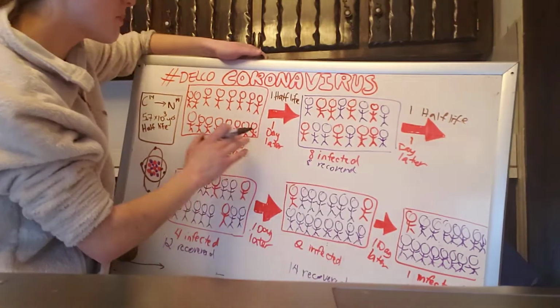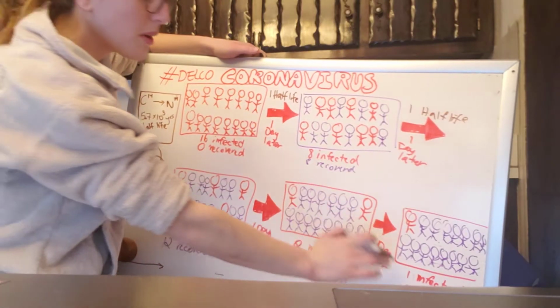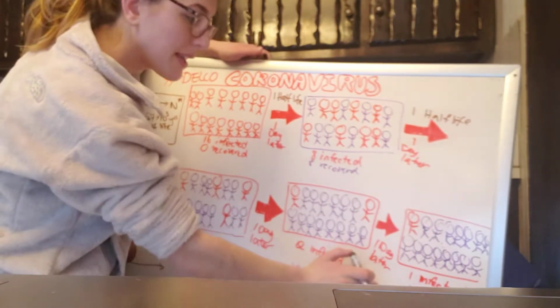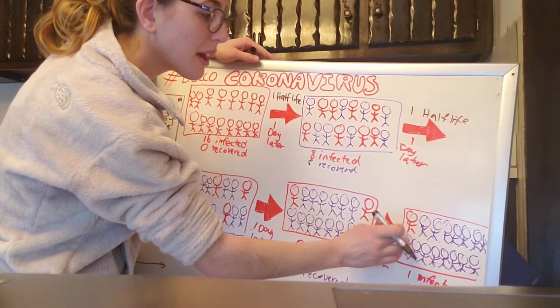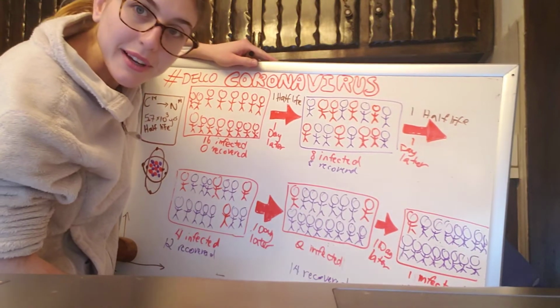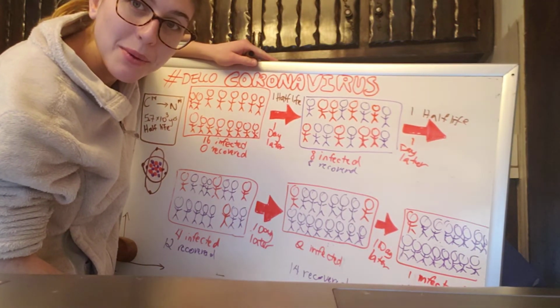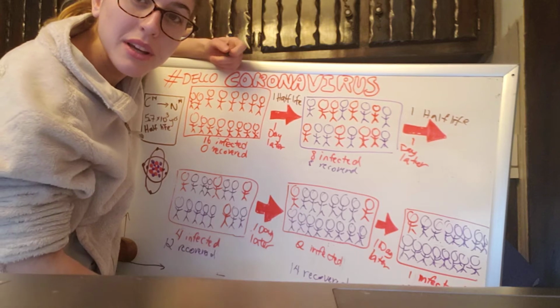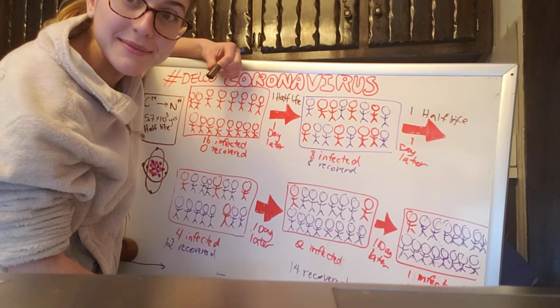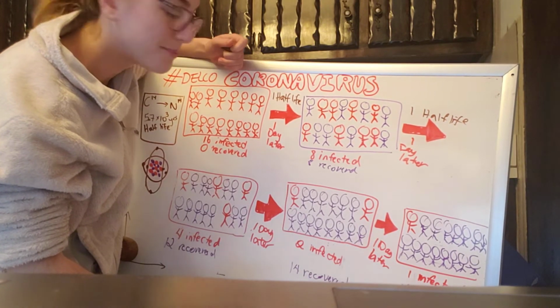So going from this scenario all the way here, 4 half-lives later, 4 days later, I only get 1 person infected. So now let's tie this back into carbon-14 and other atoms that are radioactive.